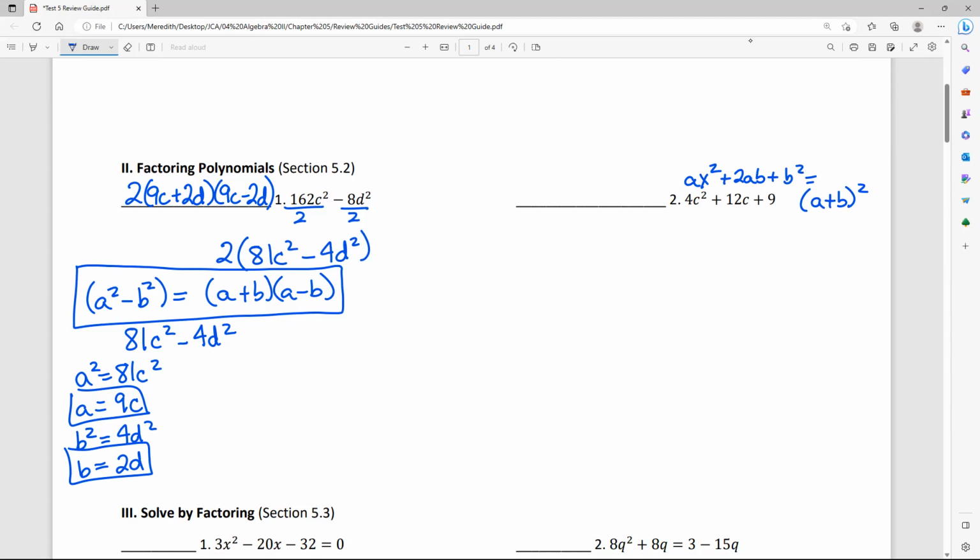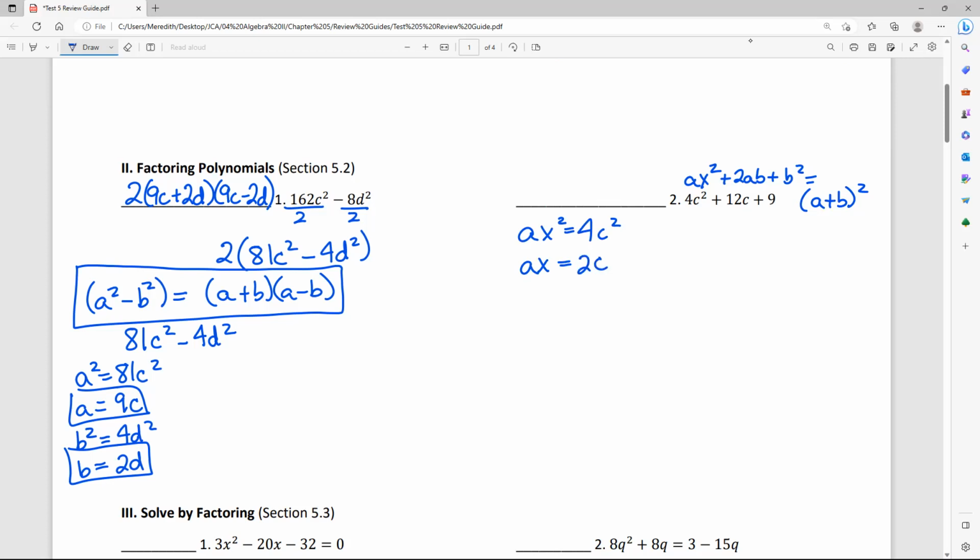So that means that a is, let's see here. If ax squared is 4c squared, then ax, or in this case, is 2c.